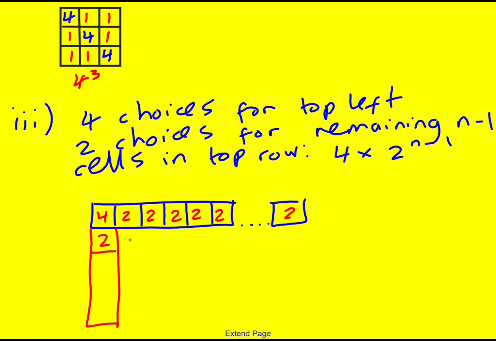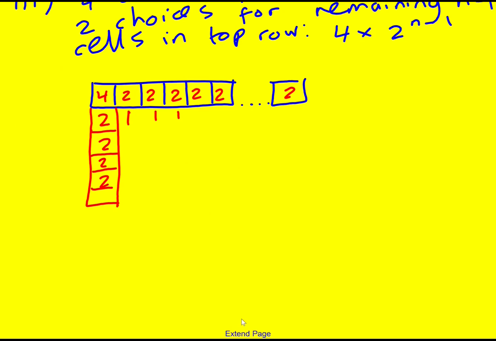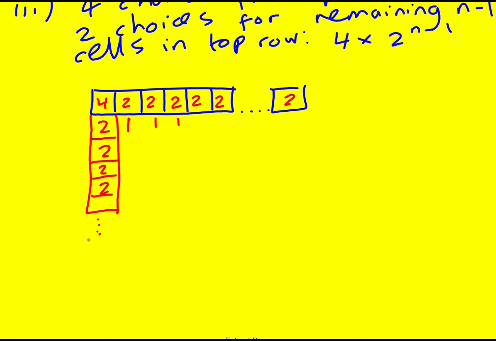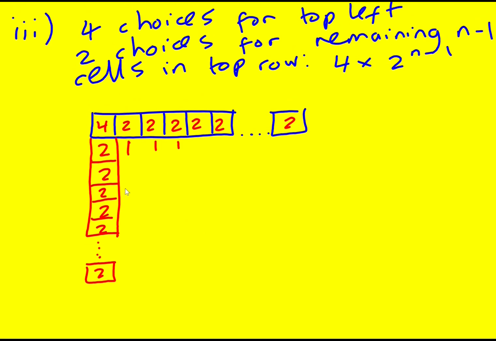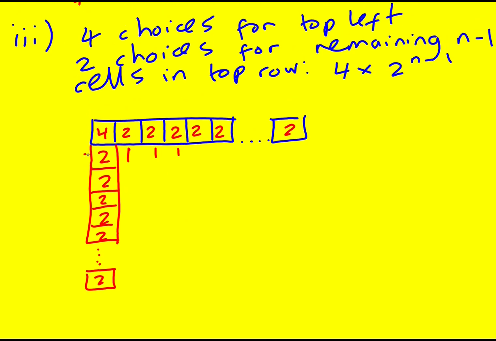But once I put this one in, then this is fixed with 1. These are all 1s, but I've got two choices here. So we're going to have another 2 to the n minus 1.